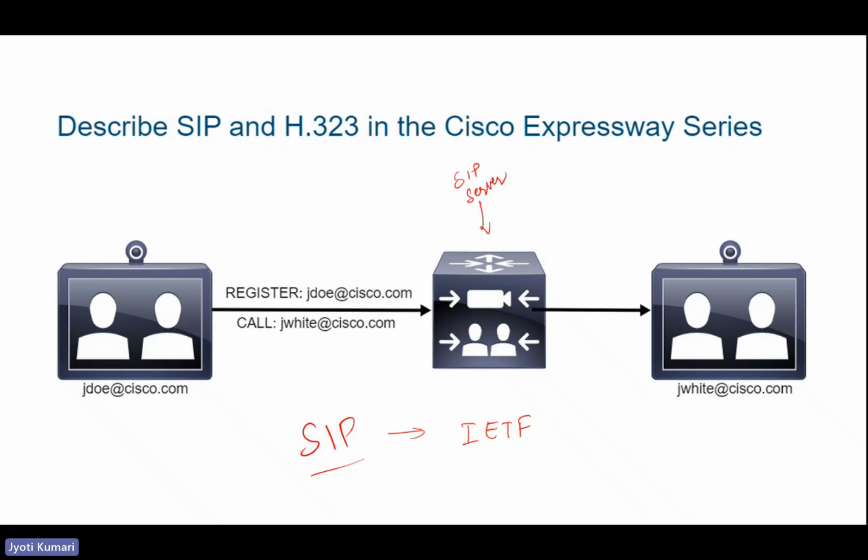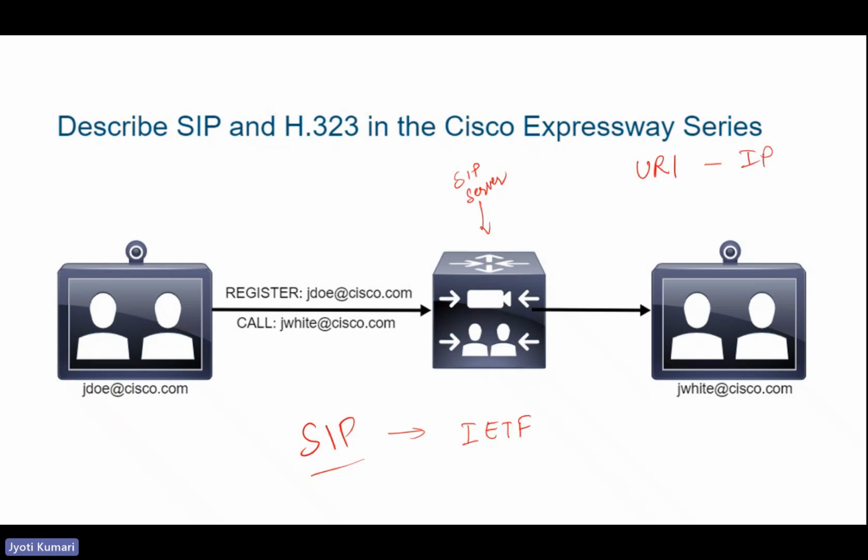Expressway maintains a table composed of information like the URI, because SIP endpoints use the URI format, and their IP addresses. This table has the URI addresses and IP addresses taken from the devices at the time of registration.